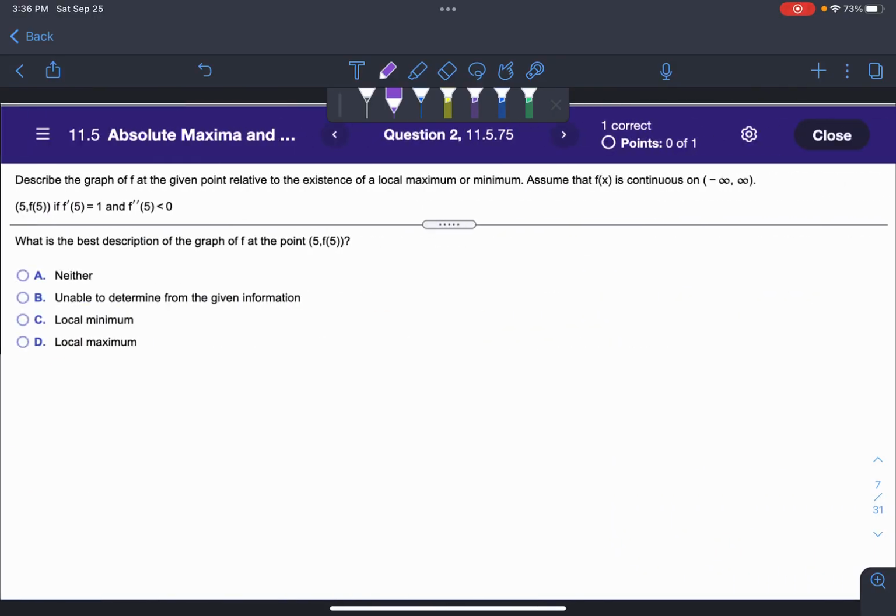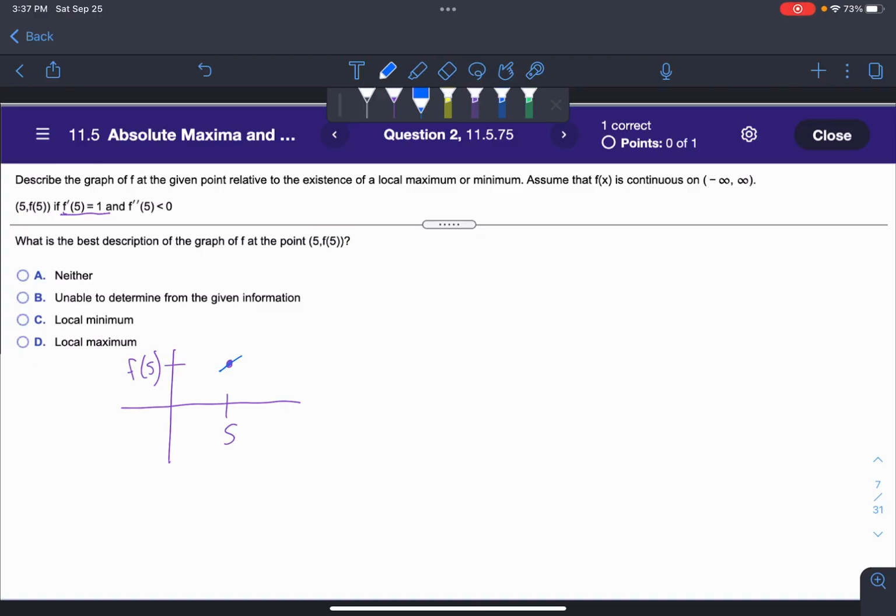Let's look at another example. We have this point 5 comma f of 5, and it's here. All right, what else do we know? We know that the derivative at 5 is this 1, so that means my tangent line at this point forms this kind of a line.